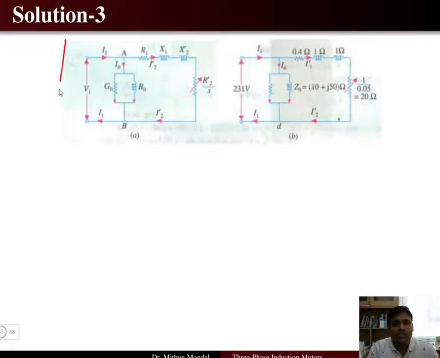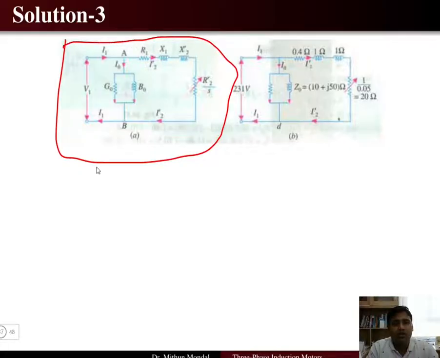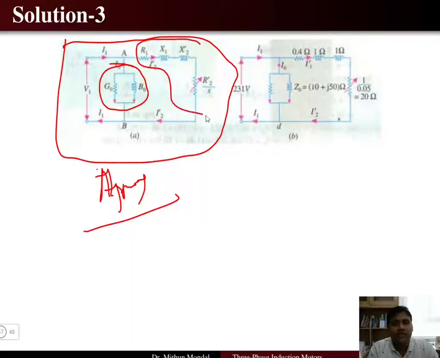This is basically the approximate equivalent circuit of the induction motor. This is the shunt branch G0 and B0, and these are the series parameters with a load impedance, the electrical equivalent of the mechanical load.